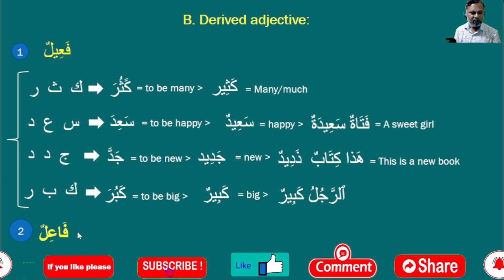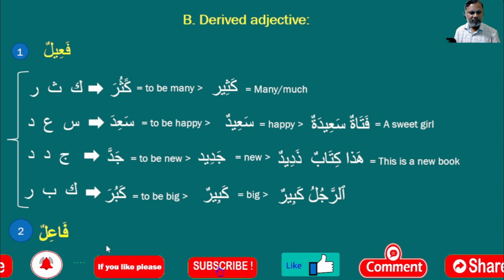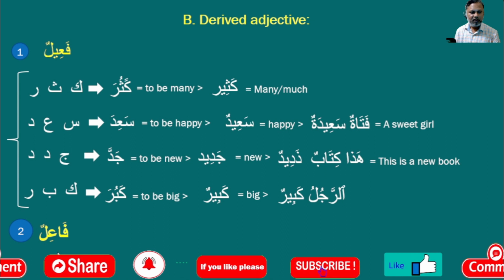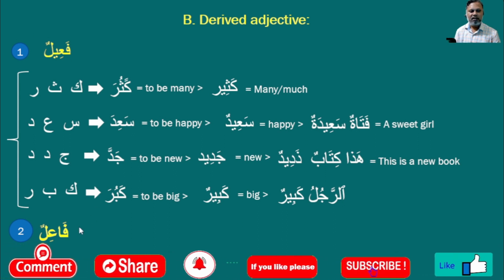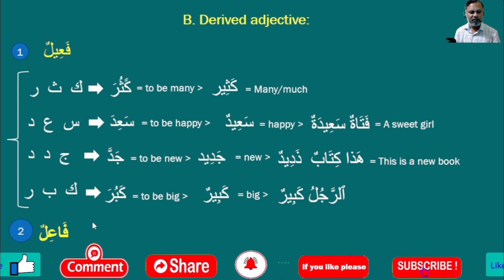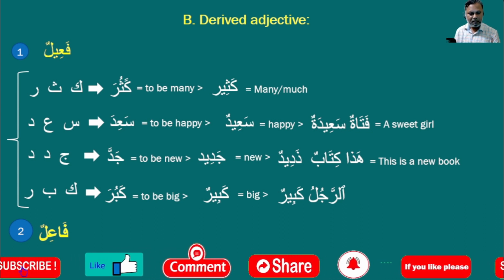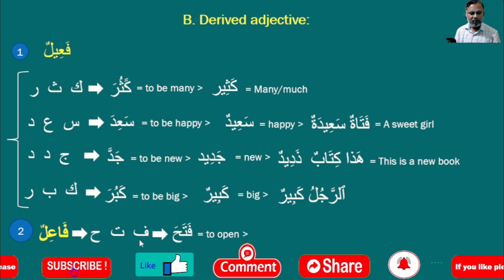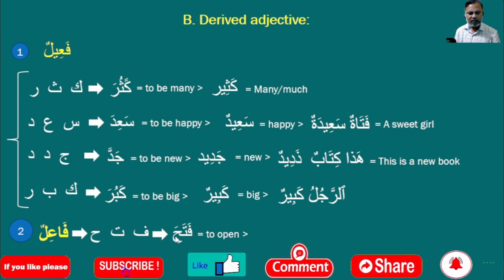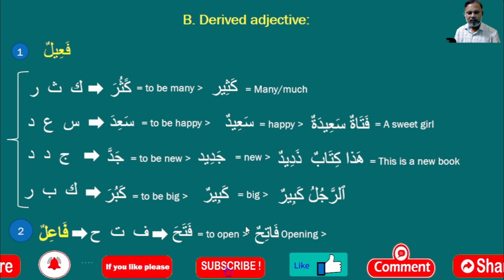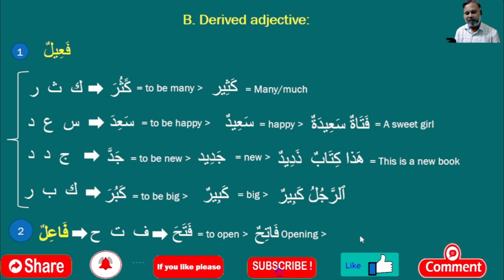One more pattern, fa'ilun. This is also an important pattern, fa'ilun. These two patterns are important because these two patterns are mostly used for regular derived adjectives. Fa'ilun, for example, fa ta ha is fataha, means to open, and fatihun means opening.